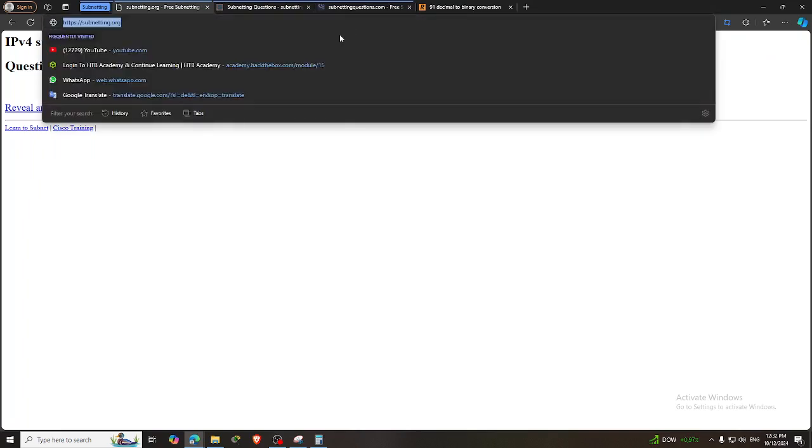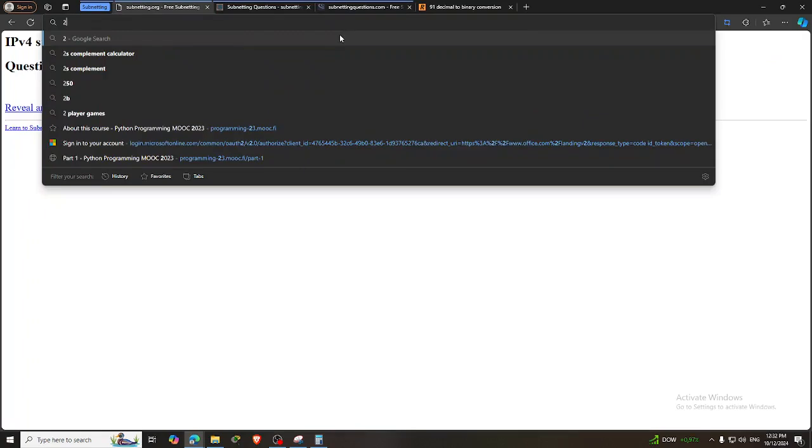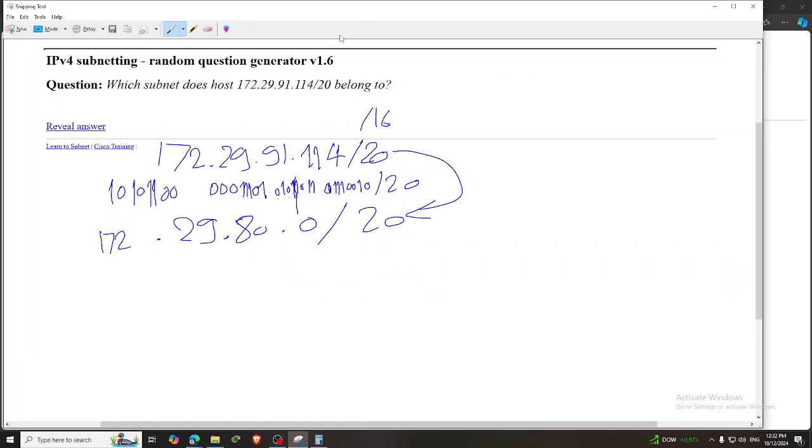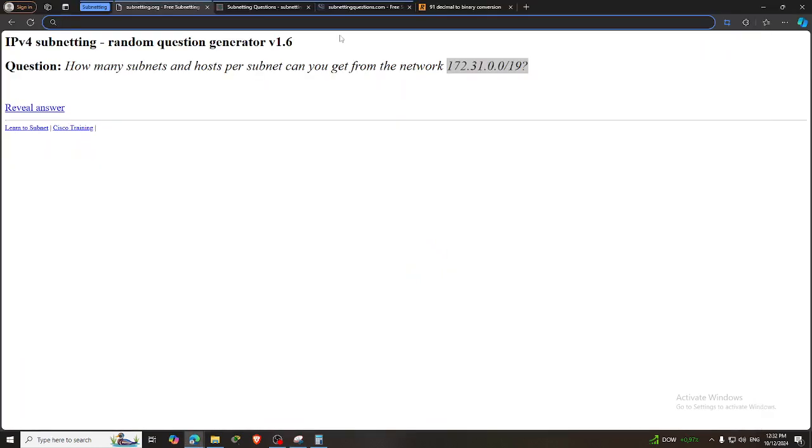So when I write this, we can make 8 subnets, and each subnet will contain the rest of the bits.